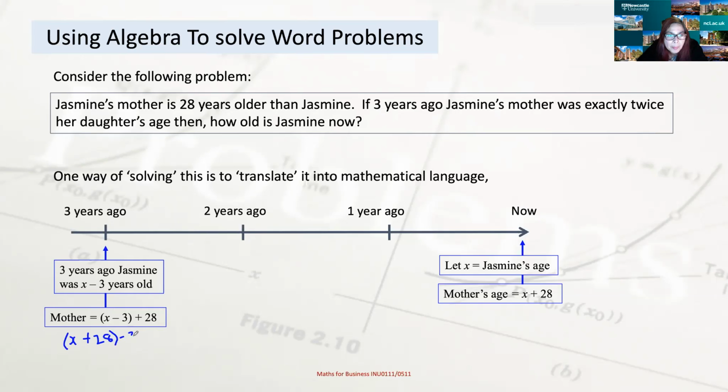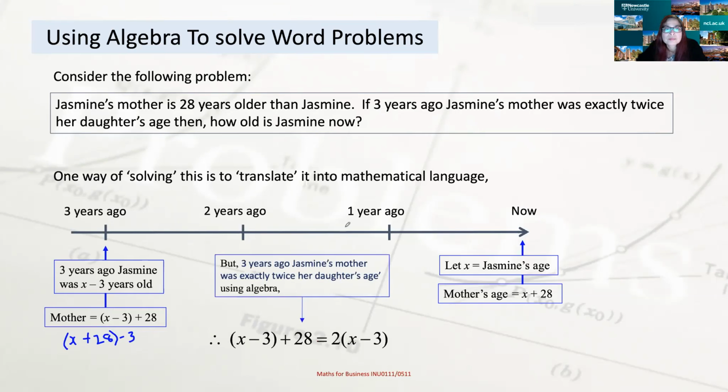But 3 years ago, Jasmine's mother was exactly twice her daughter's age. From here, x plus 28 minus 3 is equal to 2 times what Jasmine was at that time. That is my equation.